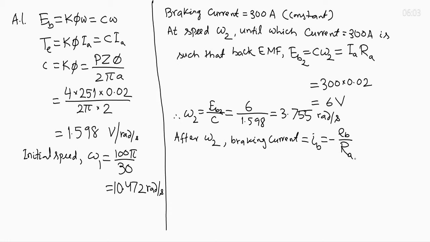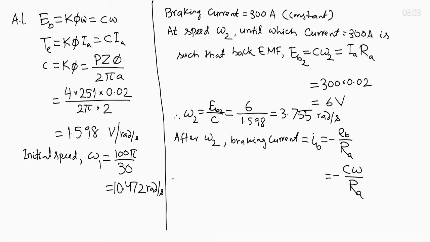The only resistance in the circuit is RA, and the back EMF induced is EB, with a minus sign because it is opposite to the motoring current. So, it is negative with respect to the motor current. Then what is EB? EB is C times omega, divided by the resistance RA.